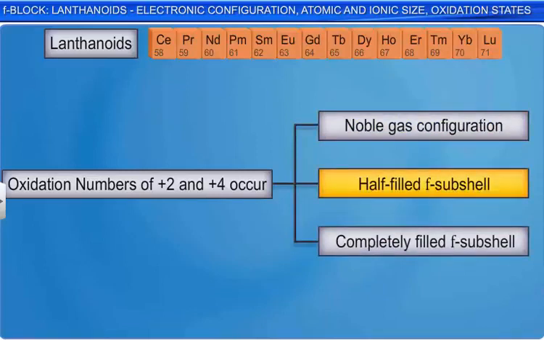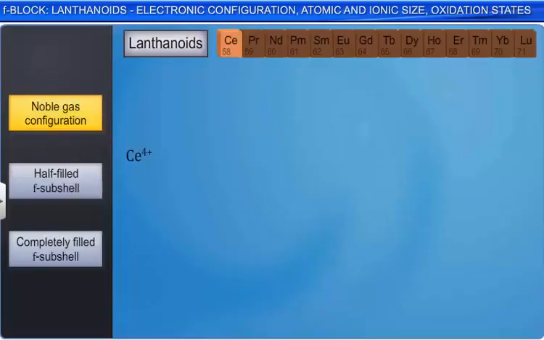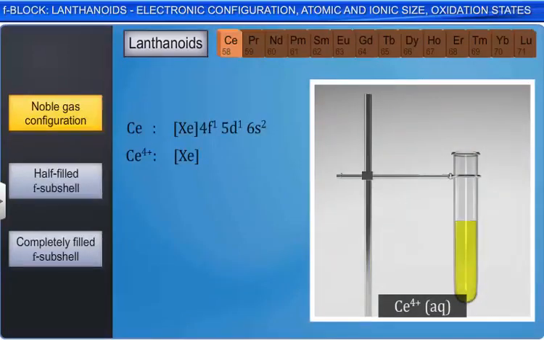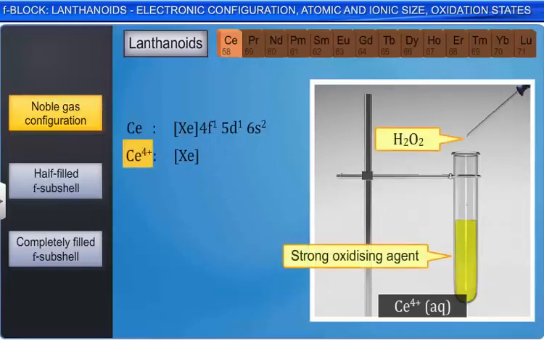Although cerium 4+ is favored by its noble gas configuration, it is a strong oxidizing agent, which is evident by the standard reduction potential value of the cerium +4, cerium +3 couple. Therefore, it reverts to the stable +3 oxidation state.